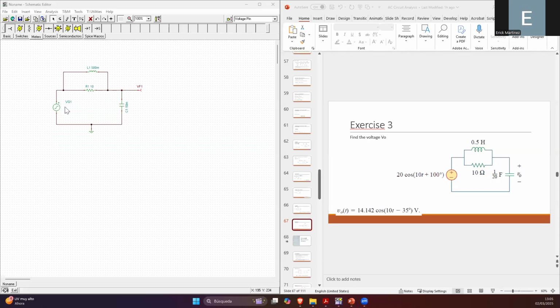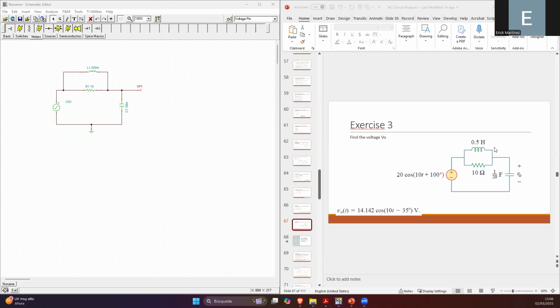According to all of this, I have input all the values of the inductor correctly. Here the simulator defines the value of the inductor in millihenries, but these two values are equivalent, 0.5 and 500 millihenries.